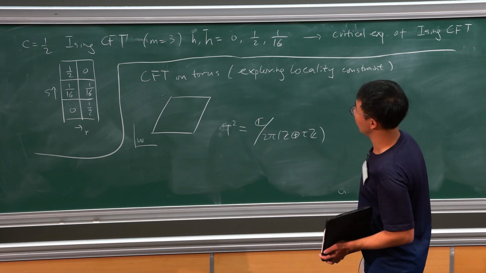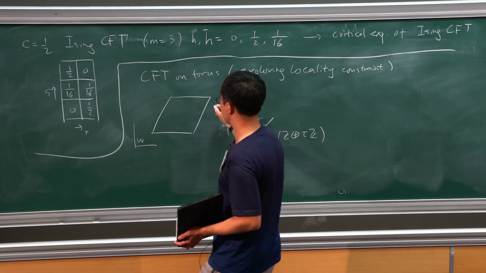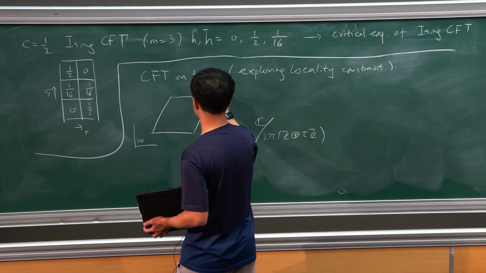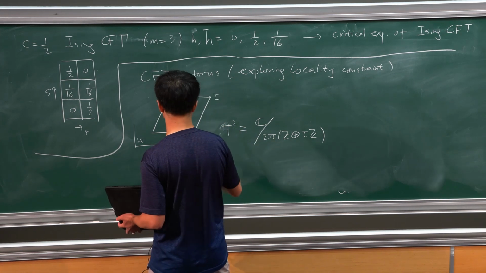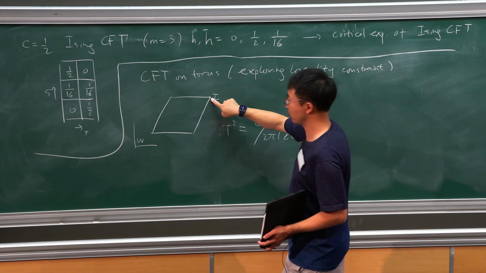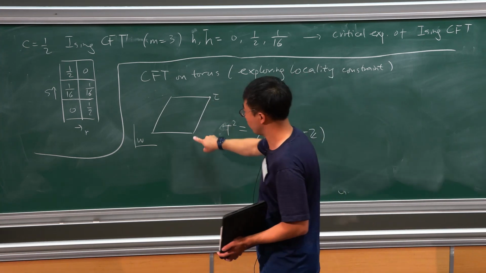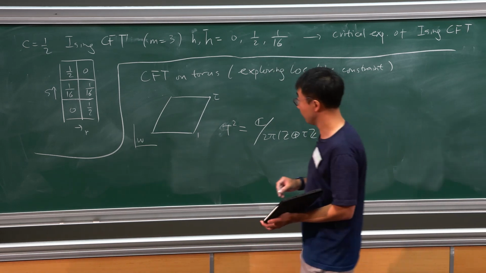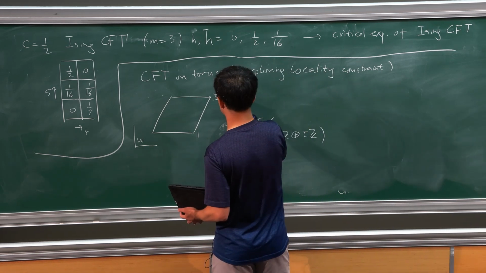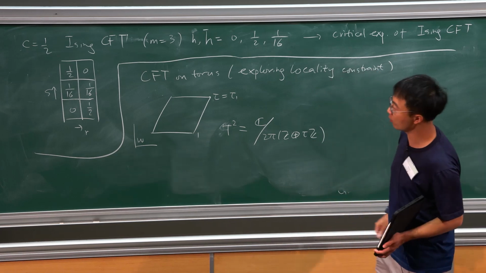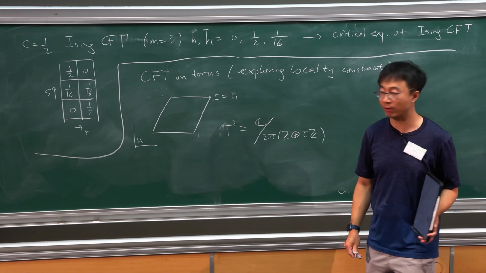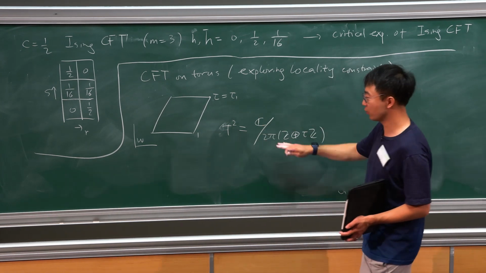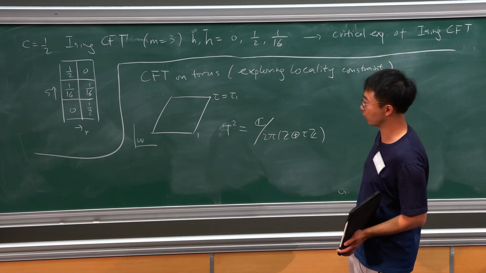Okay, and then the tau here is the so-called shape modulus parameter that corresponds to the location of this point in the w plane. And this point is normalized to be at location 1 on the real axis. Okay. In particular, tau has 2 components. So this tau is not to be confused with the Euclidean time on the cylinder that we used before. This tau is now referred to as the complex modulus of the torus.